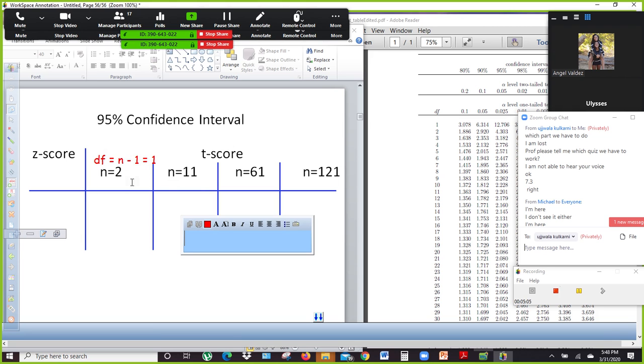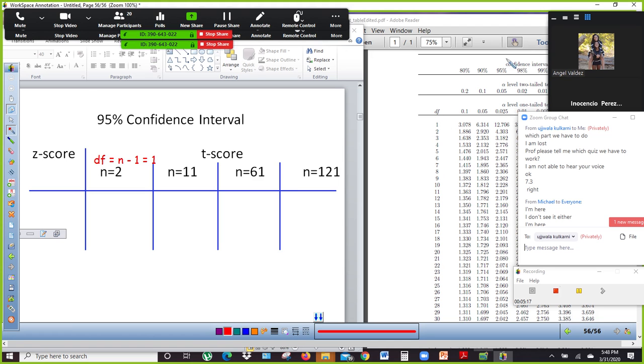So when n is 2, my degrees of freedom is 1. So I'm going to use this row right here, confidence interval 95%. So I'm going to use this column here, degrees of freedom 1. It's going to be right there, 12.706. So that'll be my answer here, 12.706.